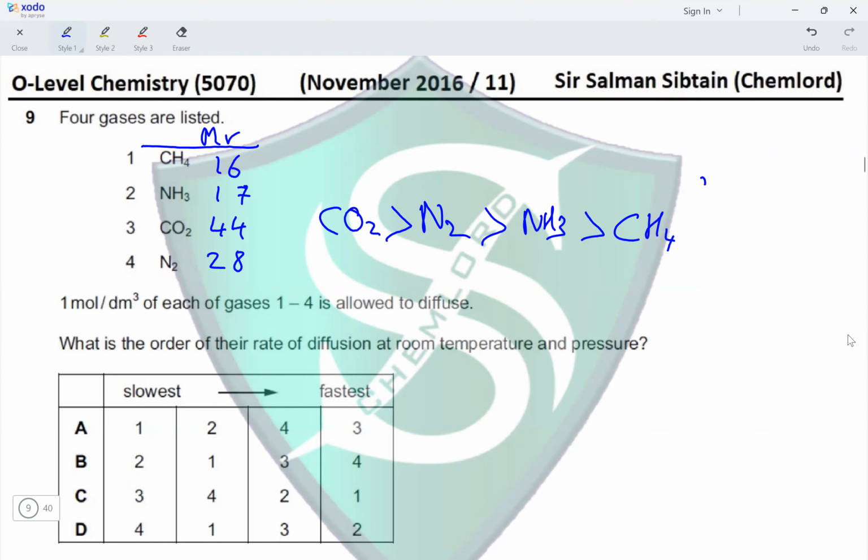So the slowest diffusion will be that of carbon dioxide. And all of this is based on their Mr values when the temperature is kept constant.